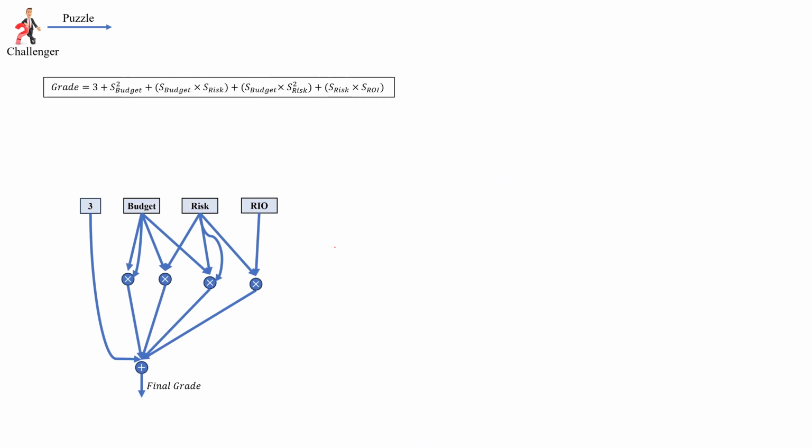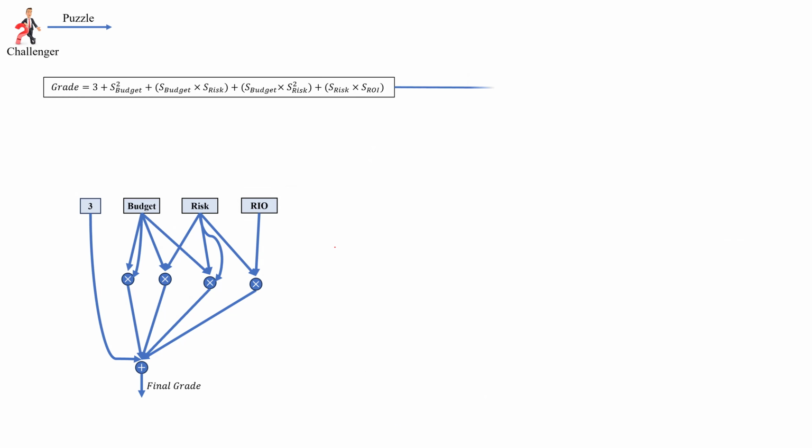So the first step is defining the puzzle. We already defined the scenario. So the scenario says that there is a circuit or formula that computes the final grade of the companies, and a prover or auctioneer wants to convince the public that the final grades are computed following the circuit without sharing the original grades given by the referees, but convince the public verifiers.